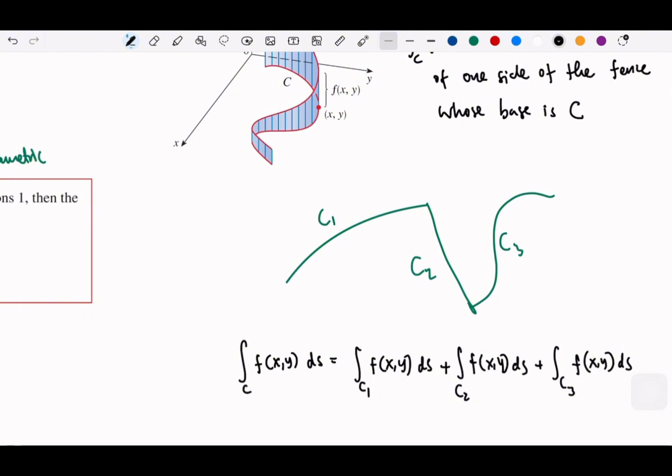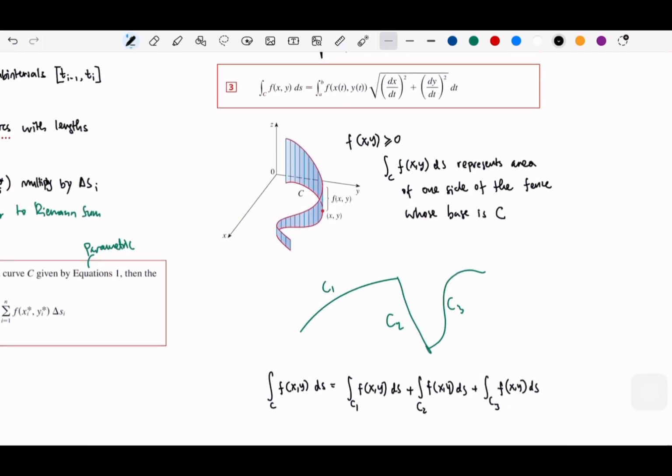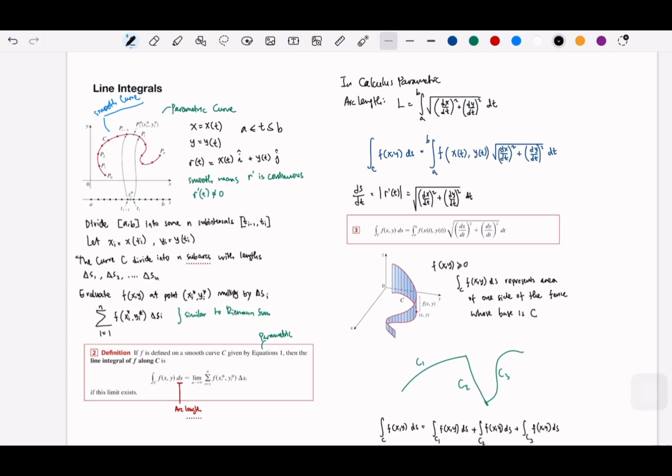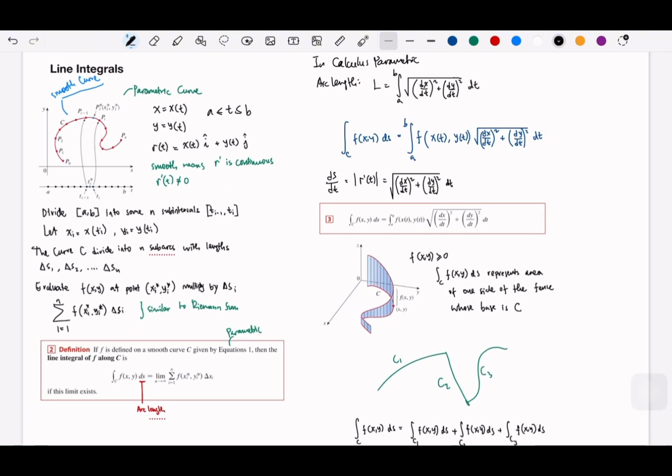So this is another approach if we have some problems like this. So every time you have a problem in the line integrals, the only thing you care about in computing is to make sure of the arc length of the curve.